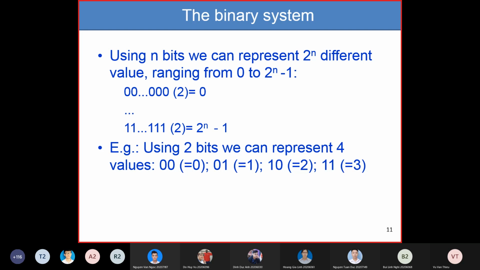That is the first 4 numbers. And number 5 is 100, then 101, 110, and the last one 111. So here is an example. When we use 3 bits, we can represent 8 numbers.